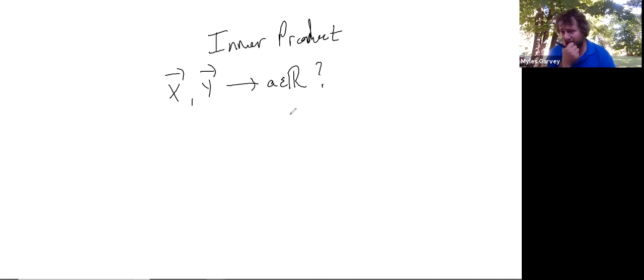So basically, I'm operating on vectors of numbers by doing something to them and converting them into just one single number. And that one single number represents something interesting about the vectors, which we're not really going to get too far into. But the basic idea is to algebraically take the two vectors and convert them into a number.